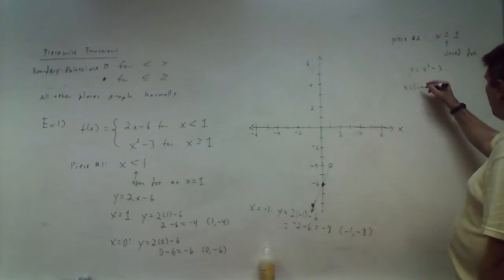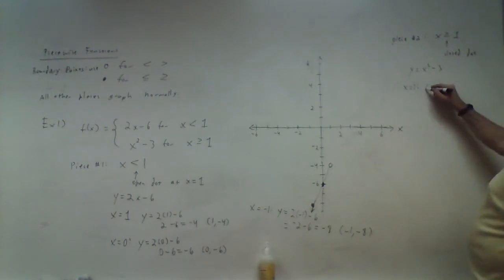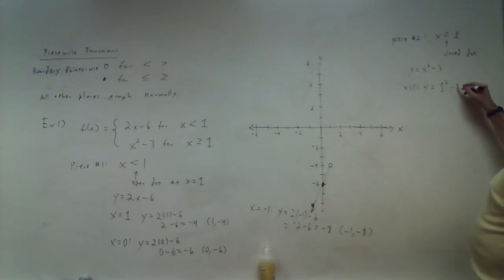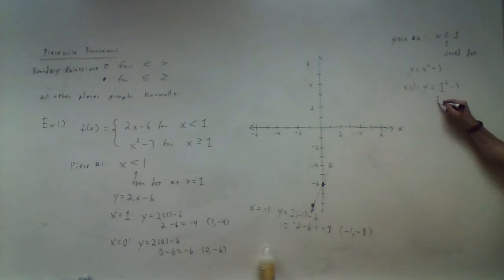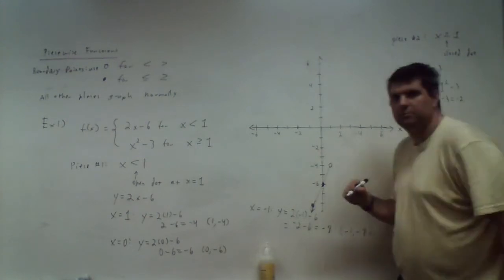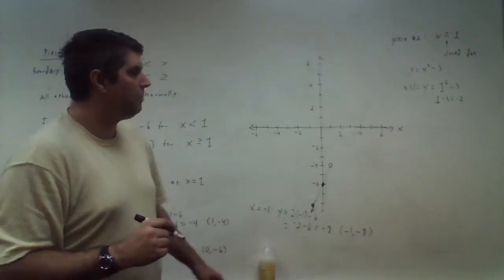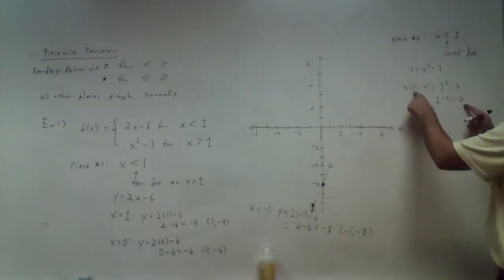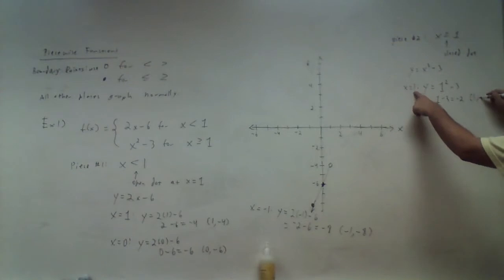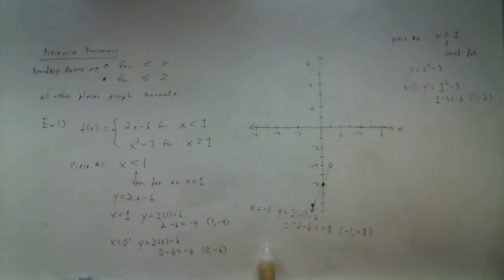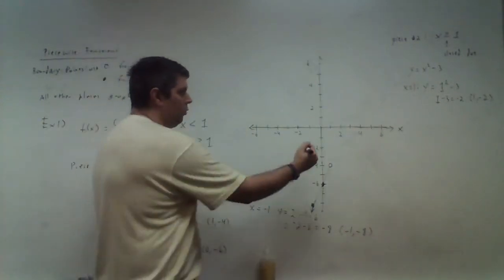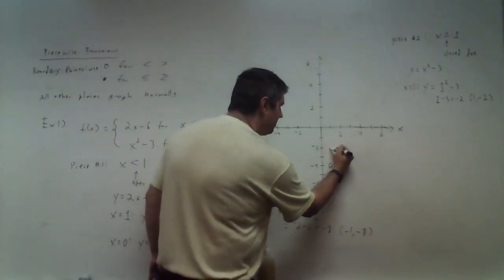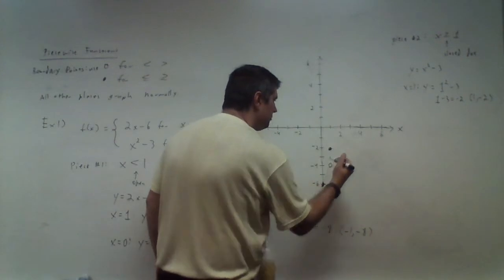So for x equals 1, we have y equals 1 squared minus 3, which is 1 minus 3, which is negative 2. Okay? So the boundary point will be 1, negative 2. So 1 on the number line, negative 2. Okay?